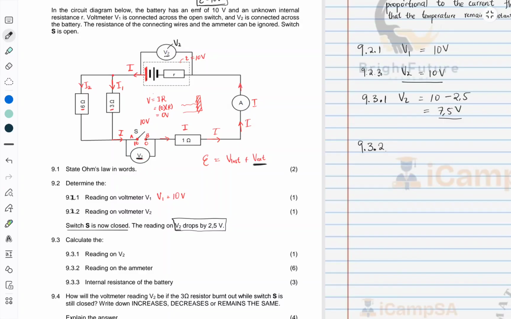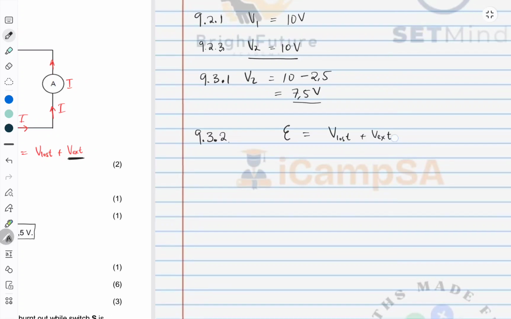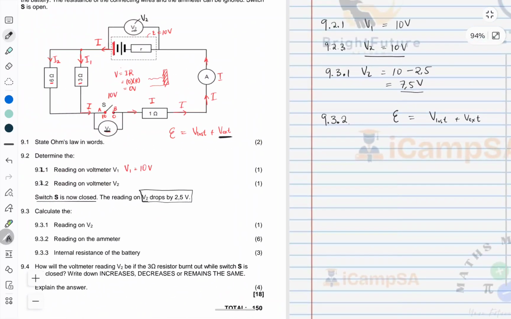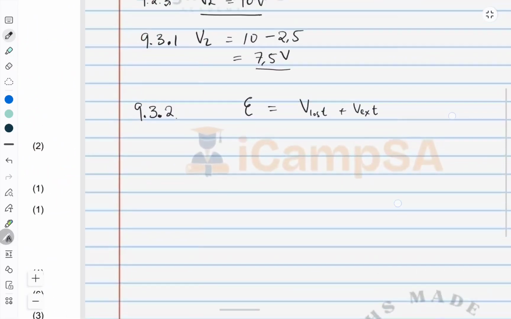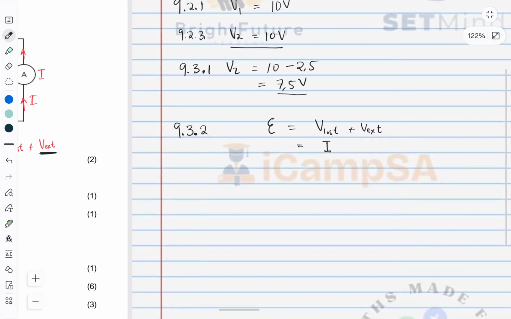On the ammeter A, we can use our famous formula: E equals V lost plus V external. But it won't be useful to us when it's like this, because we will try to calculate the current. So we know that we can use it in this form. I, total current. Remember we said A reads the total current when the switch is closed.